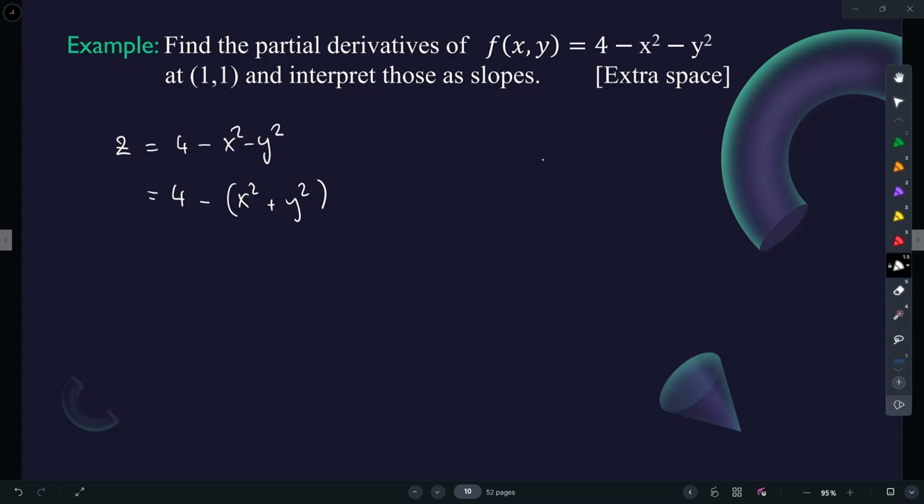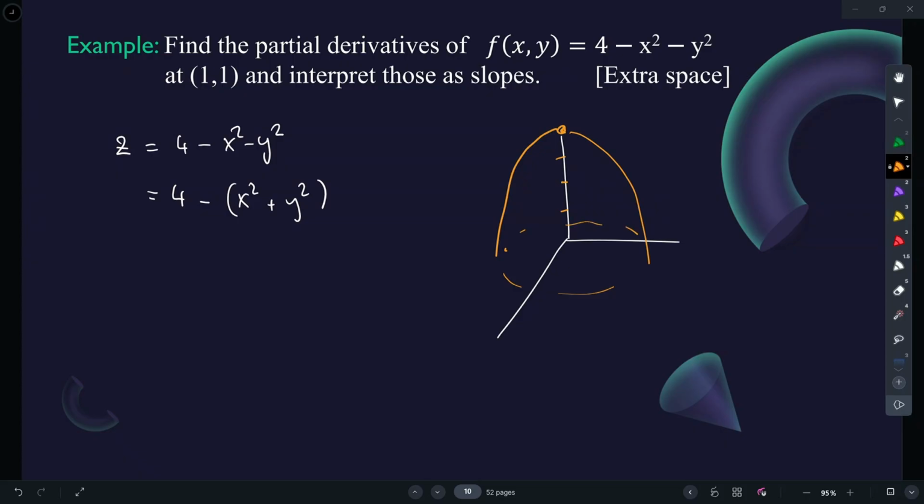So this graph is going to start at 4 up here, and then I'm going to get a paraboloid. The standard formula for the paraboloid would be z equals something like x squared plus y squared, with constants in front that would elongate it in one direction or another. And now with the minus and the plus 4, the transformation, it becomes something like this.